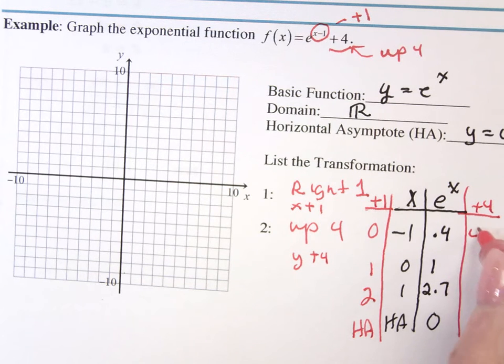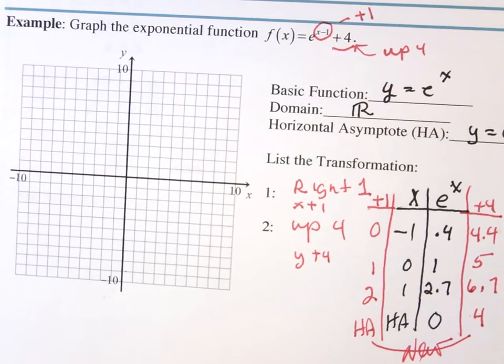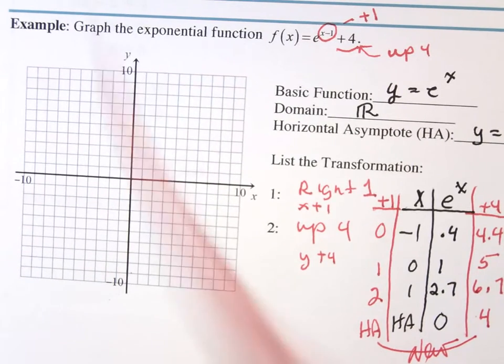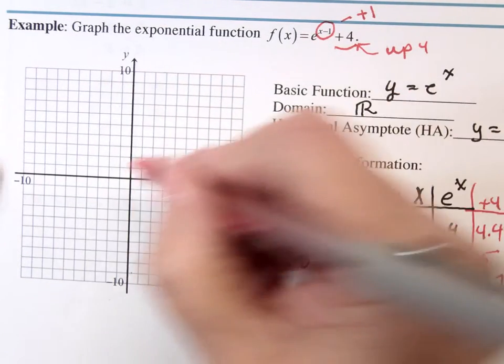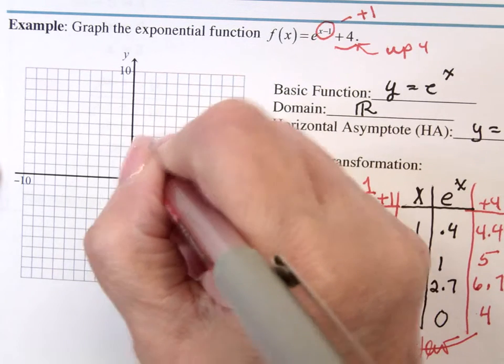This would be 4.4, 5, and 6.7, and 4. And that's my new. First thing that I want to put in is my HA, and my HA is 1, 2, 3, 4, y equals 4.